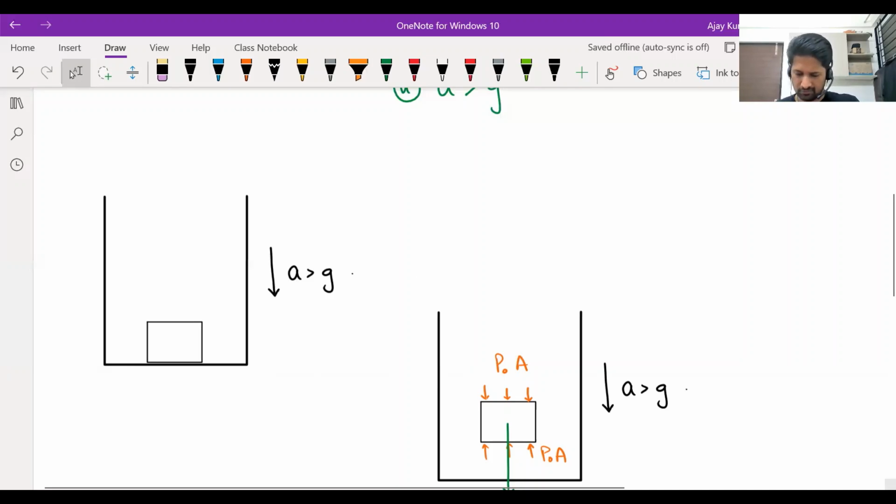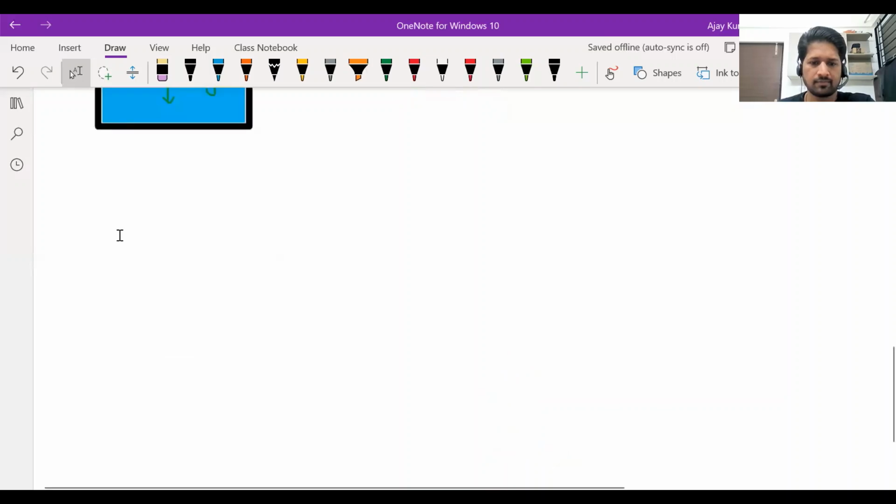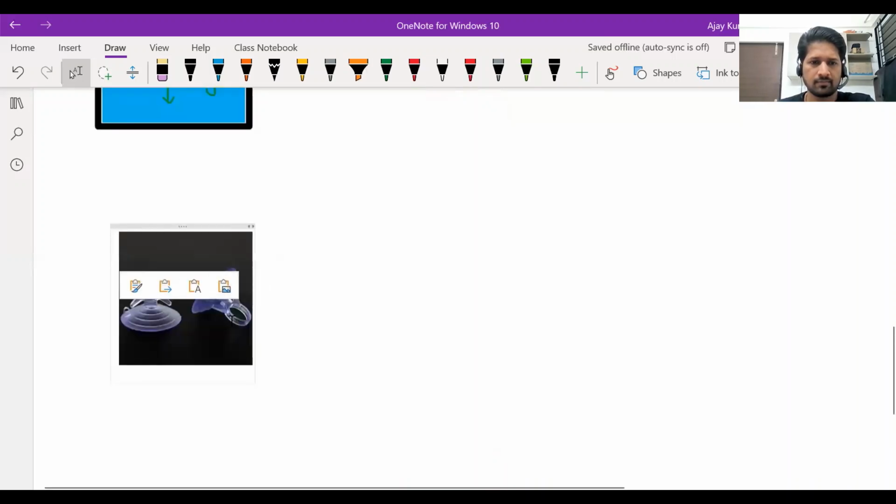Have any of you seen or used suction cups, or those suction holders? Just a moment, I'll show the picture, you'll understand better. These things.